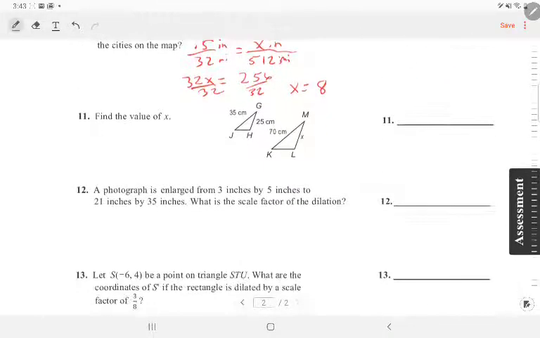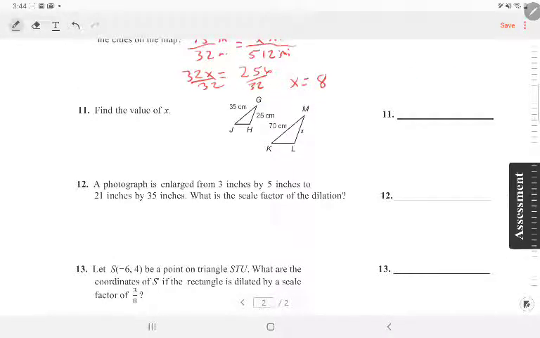Okay? Number 11 is find the value of x. So let's go small to big. So let's go 35 over 70 would be equal to 25 over x.